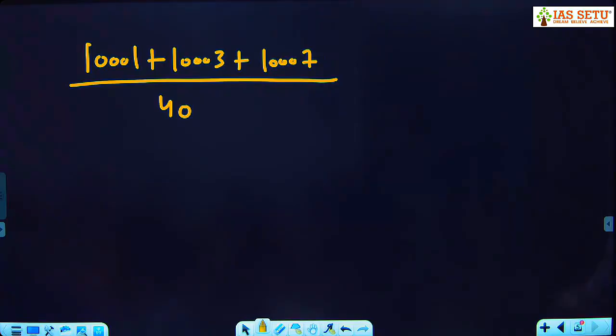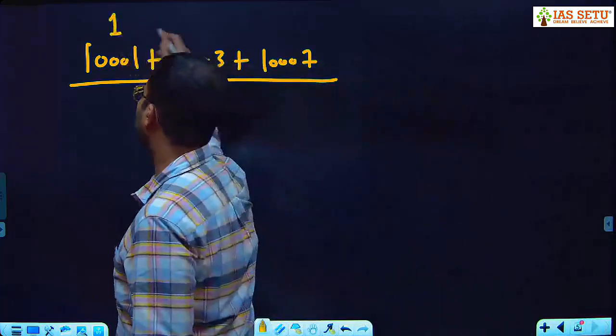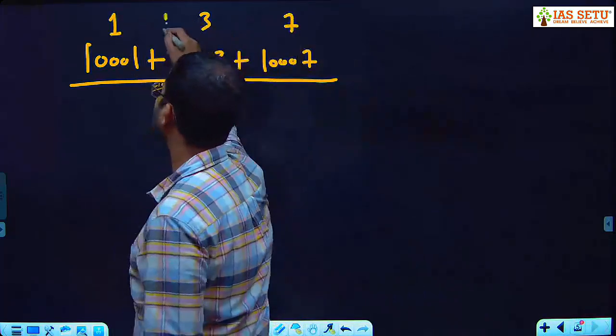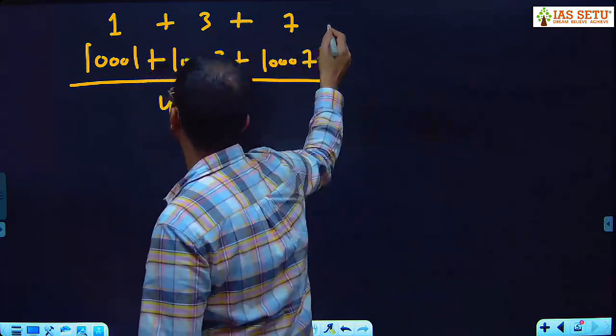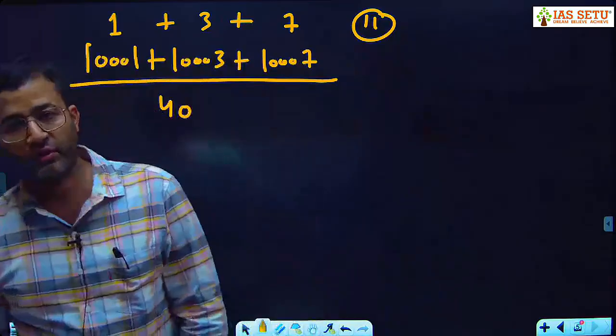What is your answer? 10,001 give remainder 1, it give you 3, it give you 7, 1 plus 3, 4, 4 plus 7, 11. Is this clear? Remainder theorem 1.